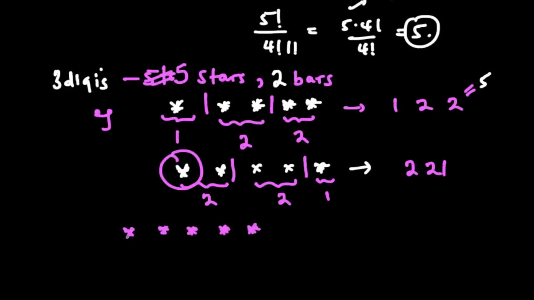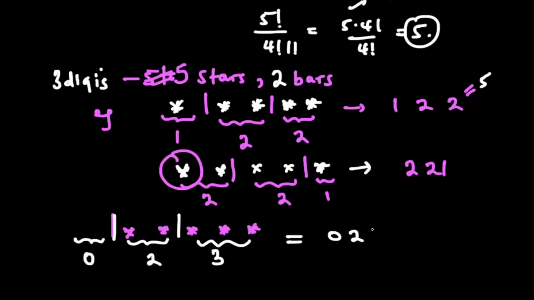If the first position was not a star, and maybe you placed your separator here, since we know we had 2 separators, what number would this represent? Since there's nothing here, this is going to be 0. How many stars do you have here? This will be 2. How many stars do you have here? This will be 3. Even though the sum is equal to 5, the number you obtained is 0, 2, and 3, but 0, 2, 3 is not a 3 digit number. That is why the first must always be a star.